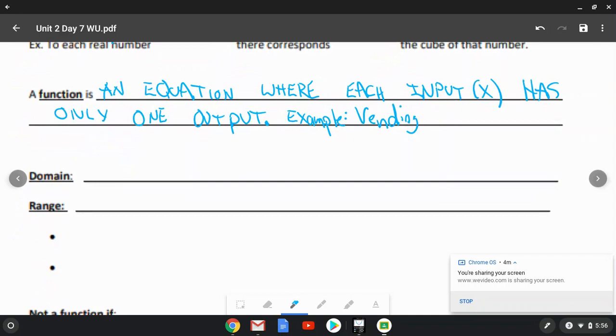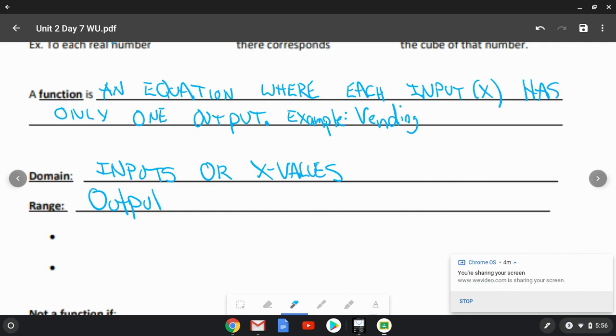So we're going to go into that in a little bit more detail. The domain is always my inputs, or if you think about it in terms of an equation with a graph, these are always my x values. And my range are my outputs.